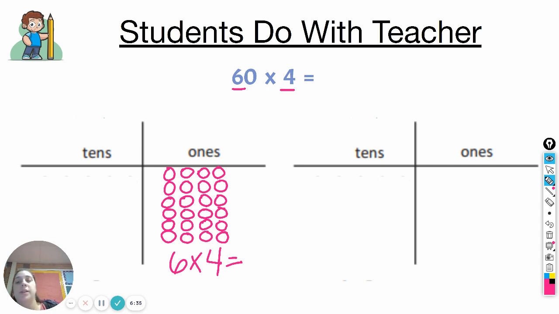Now that you have your 6 rows of 4, let's just skip count to figure out our answer. 4, 8, 12. Go ahead and finish your skip count. Write down your answer to 6 times 4 on your whiteboard.